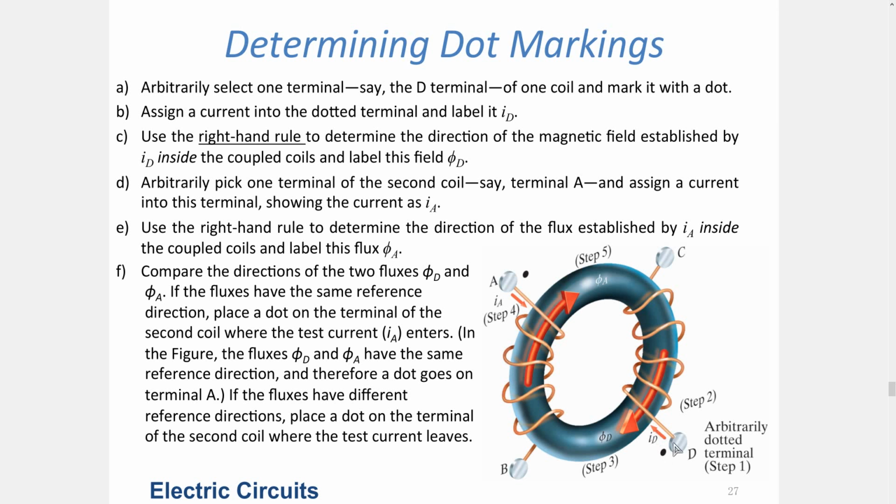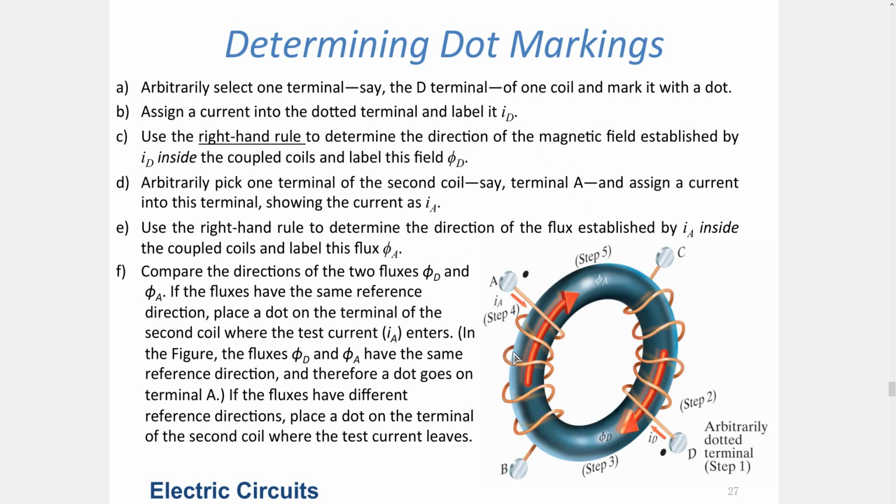We just put a dot on some side of the inductor coil. Then we assign a current into the dotted terminal and we label it as ID. Then we can use the right-hand rule that we have learned in physics to determine the direction of the magnetic field established by ID inside these coupled coils and label this field as phi d. Okay.